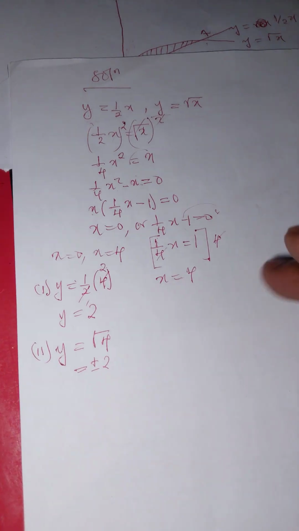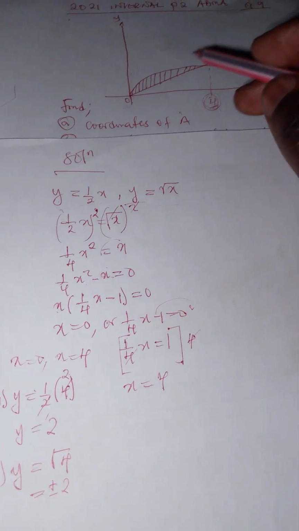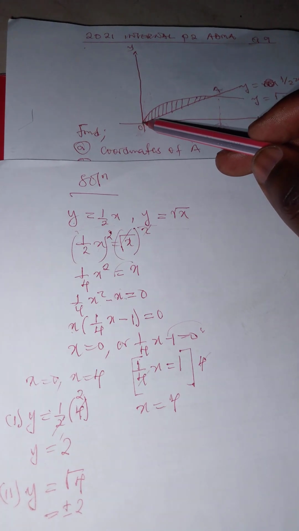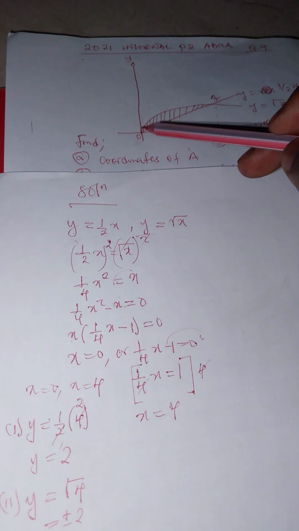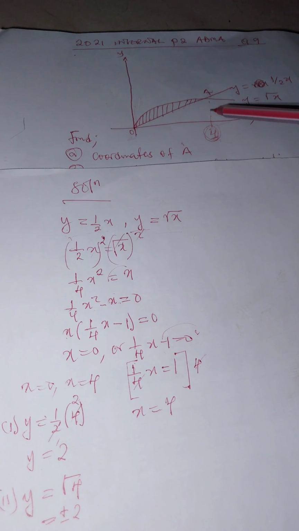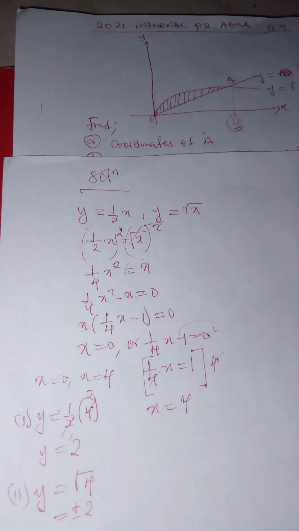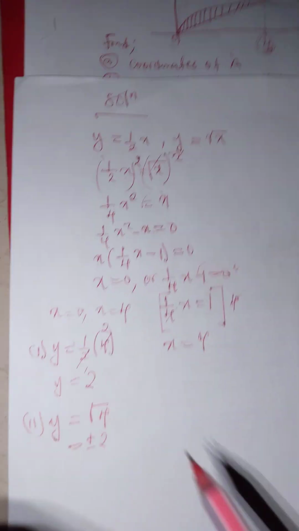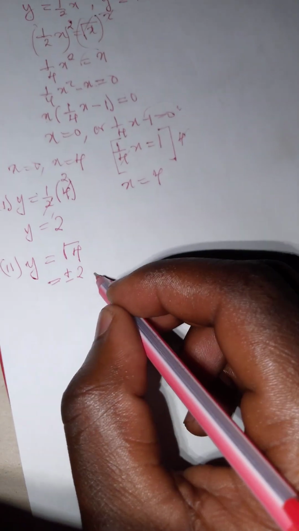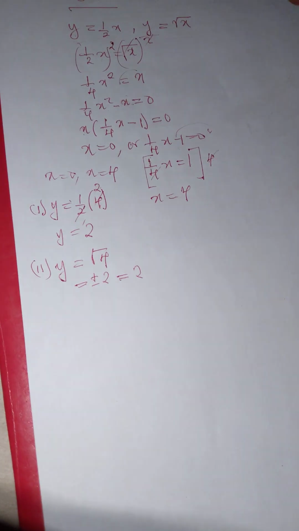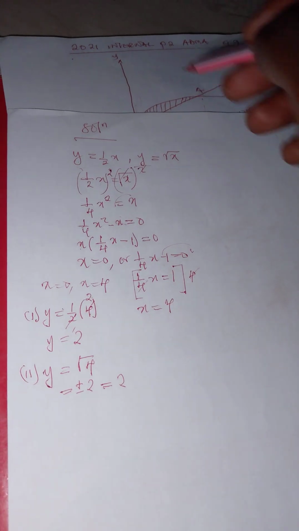But look, from the origin going up, y is positive, and that's where this value of y is intersecting with the x. Therefore, the value of y should be a positive 2, because y up there, y up, it is positive.